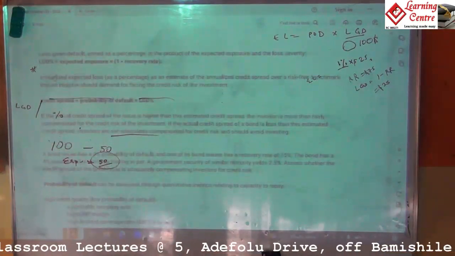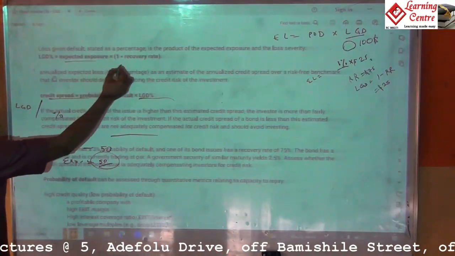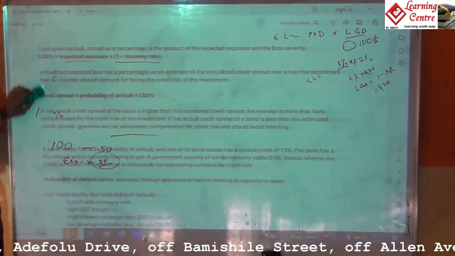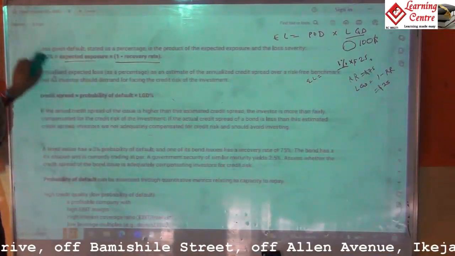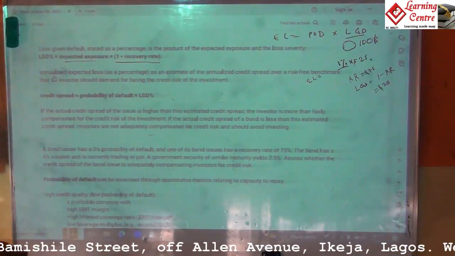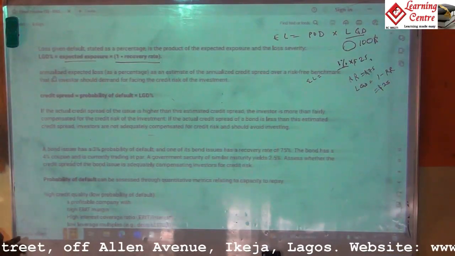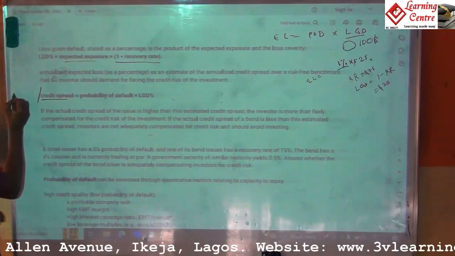Okay. This states loss given default as a percentage: our expected exposure times 1 minus recovery rate. So our expected loss equals that. This is very simple.